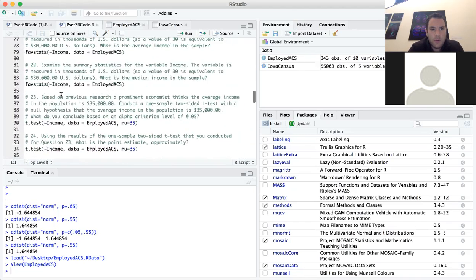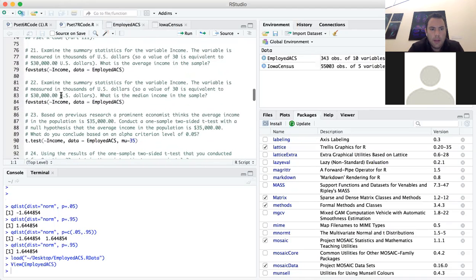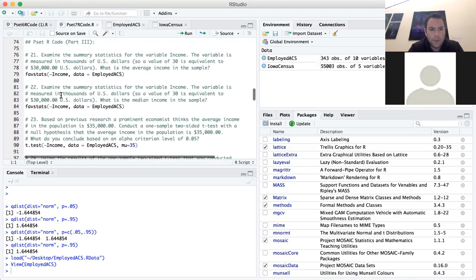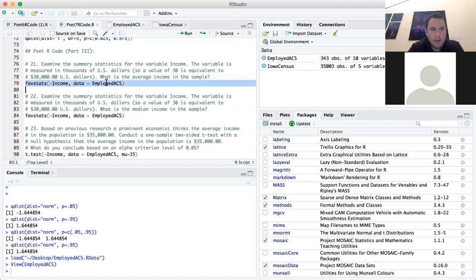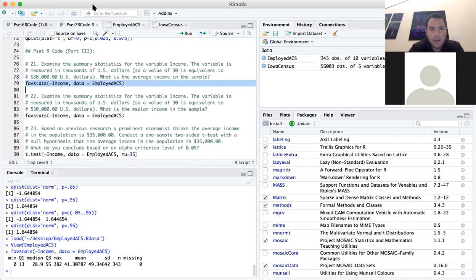So we can go through some of this code together. So first, the mission asked us to take a look at some summary statistics and look at the average income and the median income. So we can run this code. So we see here the average income was about 41,300.